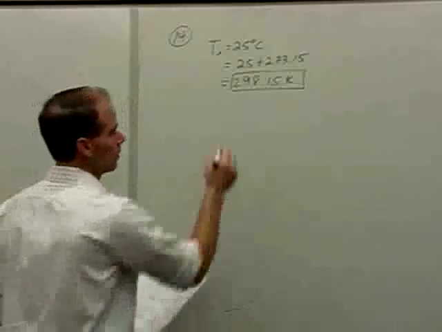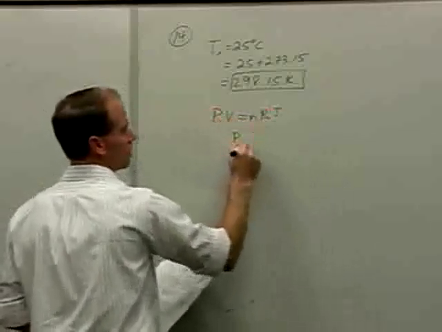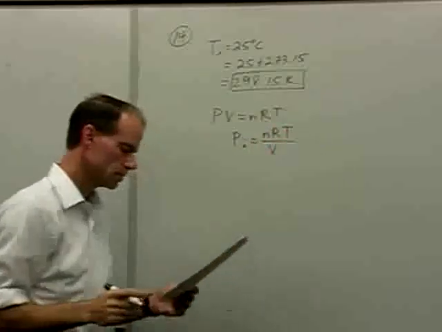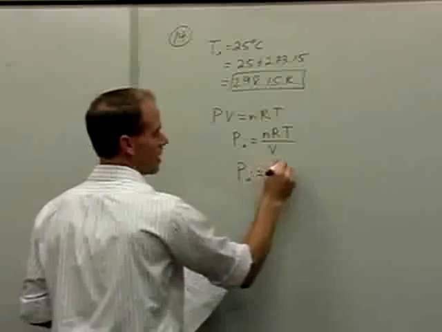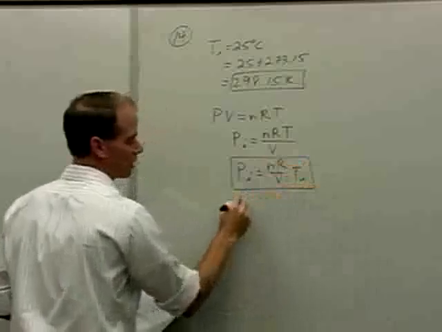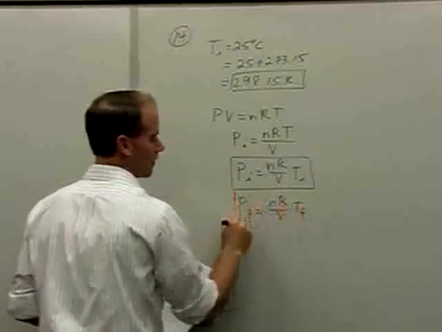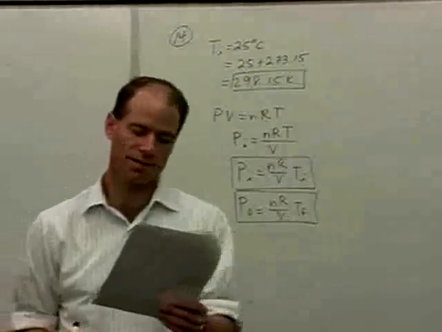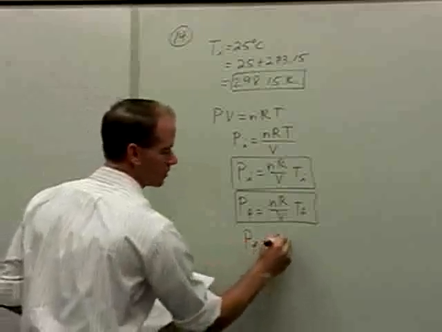Now the initial value, when PV equals nRT, our initial pressure would be nRT over V. The volume is held constant, so we can say that our initial pressure is this constant times our initial temperature. And our final pressure, for that matter, would be that same constant times our final temperature. However, we're told that the pressure is doubled, so the final pressure is equal to twice the initial pressure.